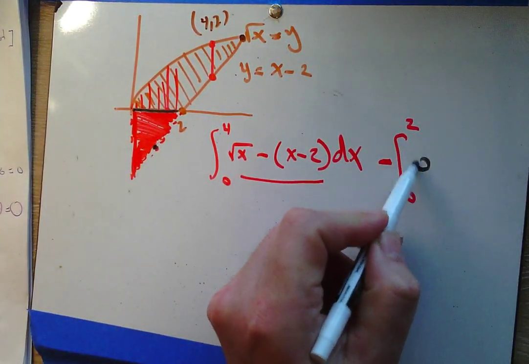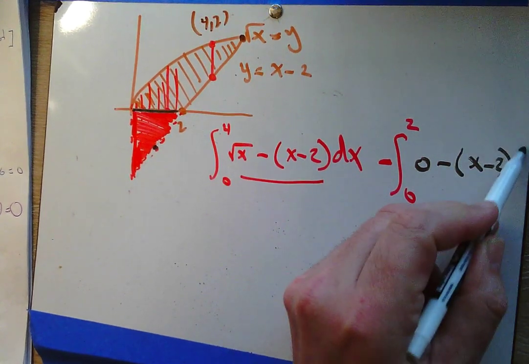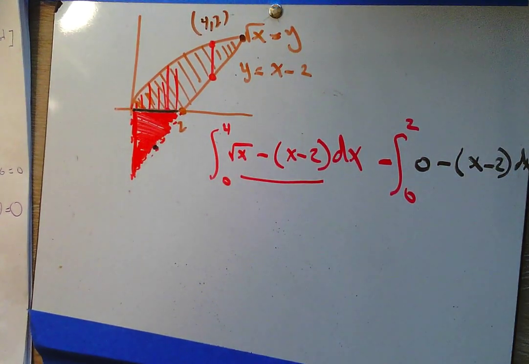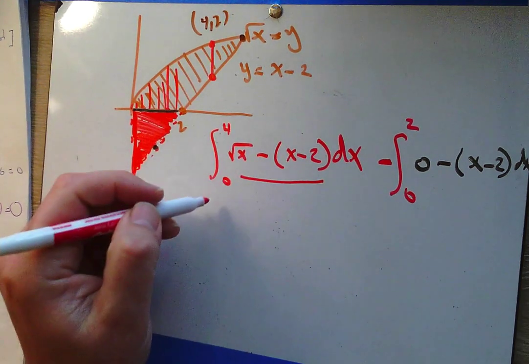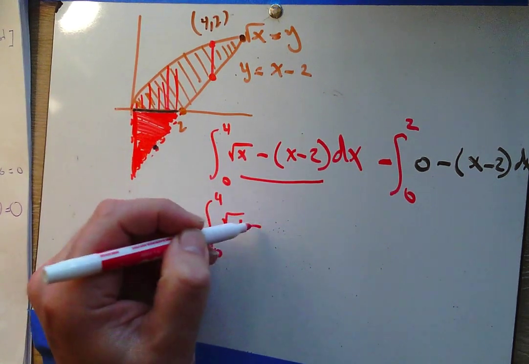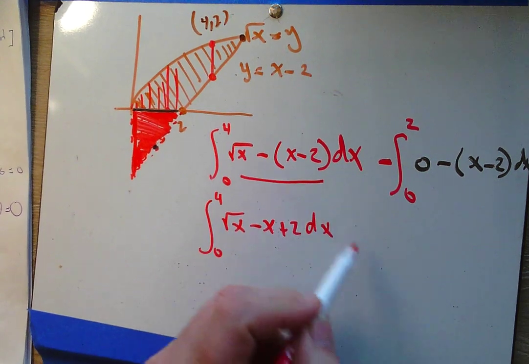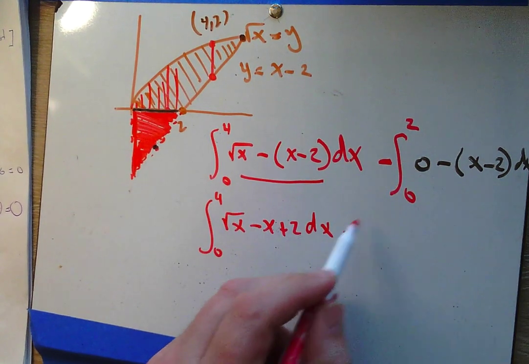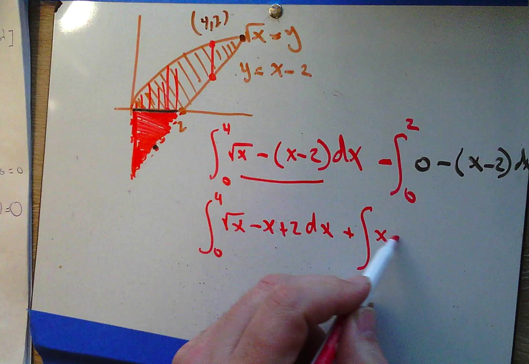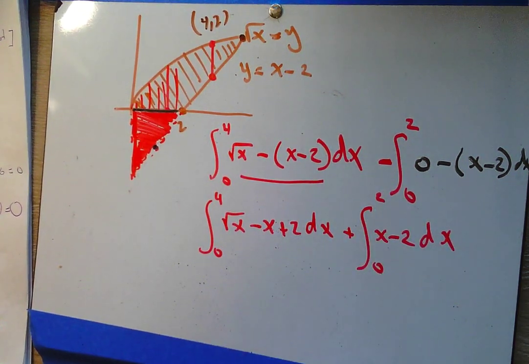So 0 minus (x minus 2) dx. But that to me is a big pain. My gosh, why would you do that? 0 to 4 square root of x minus x plus 2 dx. Minus a minus is plus the integral x minus 2 dx from 0 to 2.